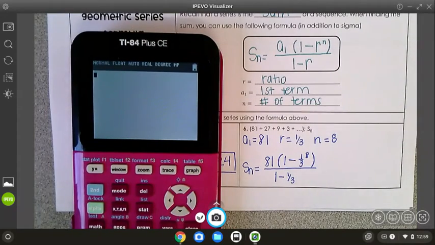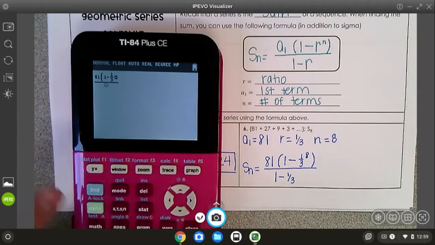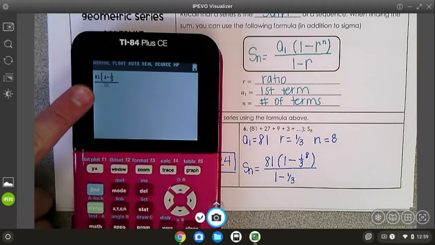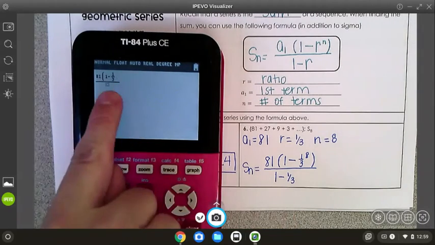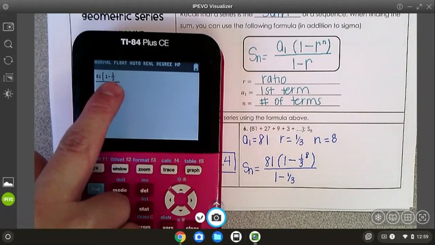So in the calculator, alpha y equals, let's just type it in. You can have a fraction and a fraction. So whenever you go to do your 8, make sure that your blinker is not underneath with a 3.